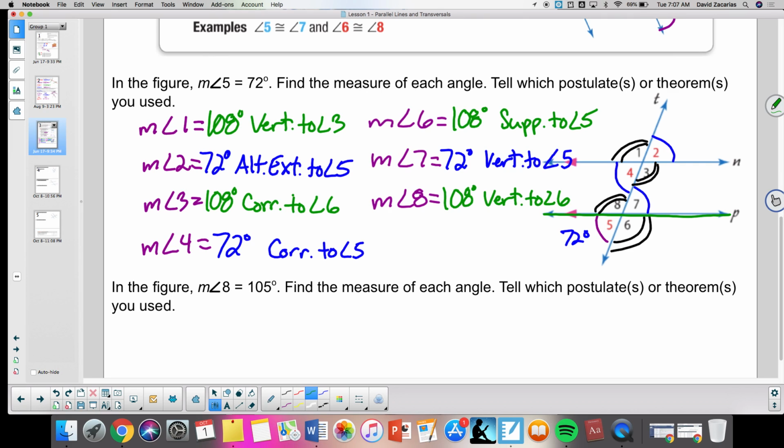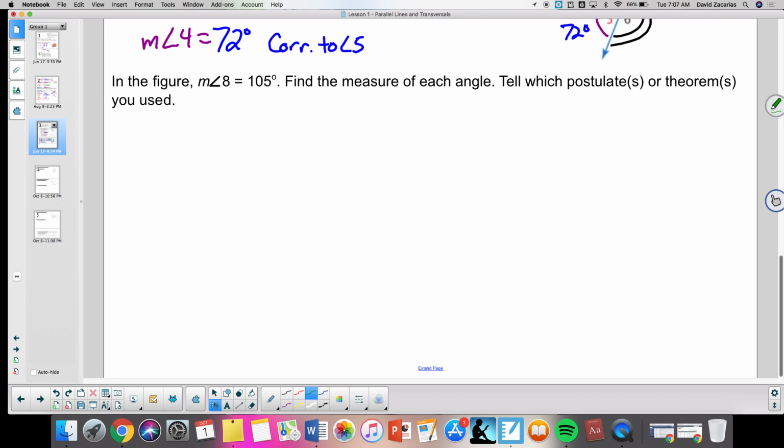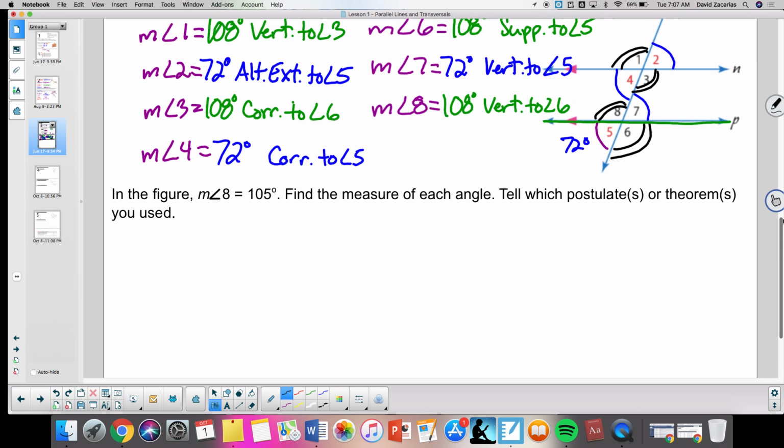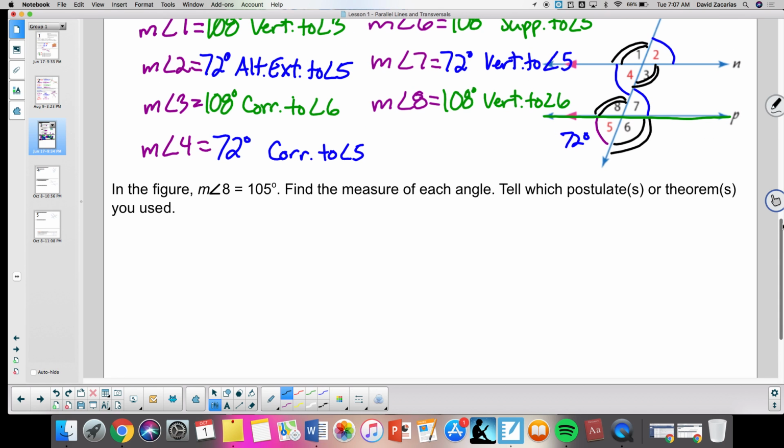So if I give you one angle, you technically could know right away it's going to be one of 2 things. So angle 8 is an obtuse angle.